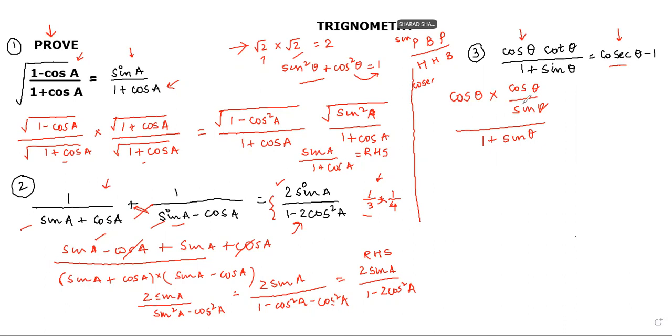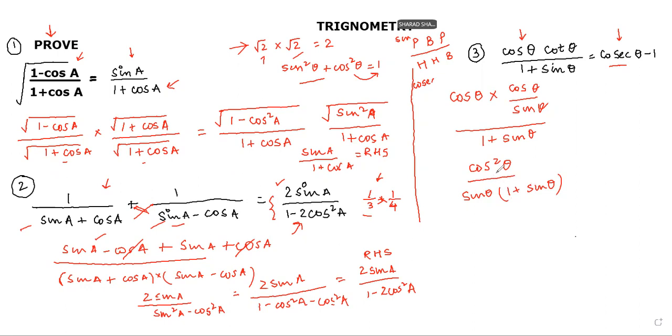Okay, now my entire thing is in cos and sine. All right, so here it becomes cos square theta upon sine theta and in the bracket 1 plus sine theta. Very simple to do. Cos square theta, this sine theta is in the denominator, so sine theta into 1 plus sine theta.